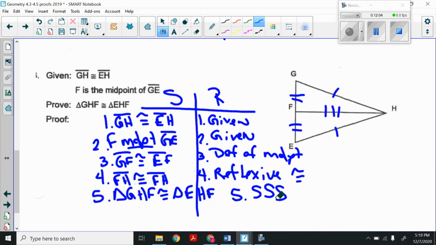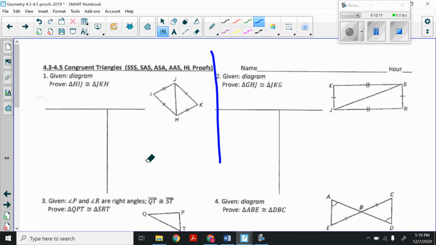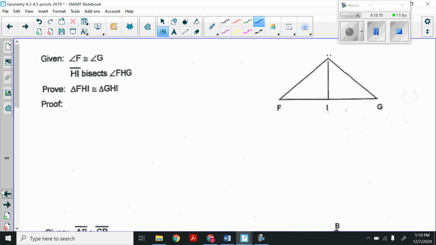All right, let's do 3 more on the back together. Again, make our statement and our reason columns. This is, let's see, H at the top that got cut off.